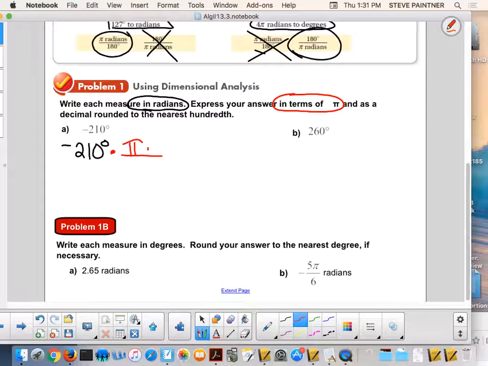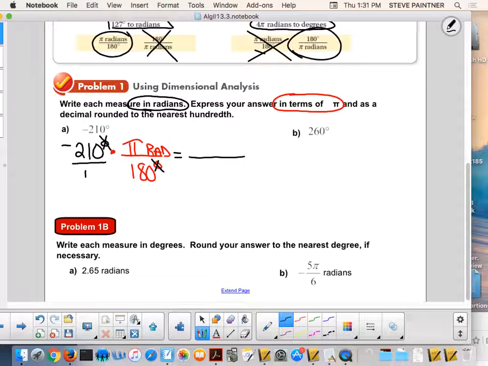Pi radians over what? 180 degrees. So then what would you put under the negative 210? Yeah, that's just a number, so we'll just put it over 1. So now, do you agree that the degree symbol cancels out? Okay. You're in radians right now. You just have to keep working it out.